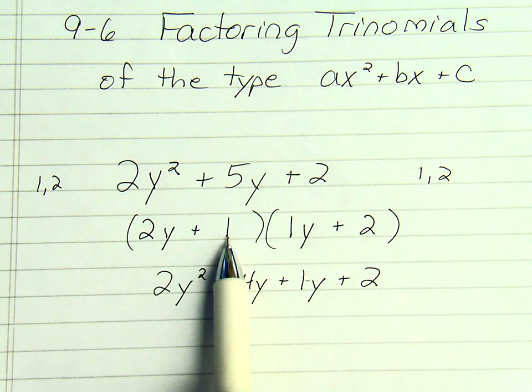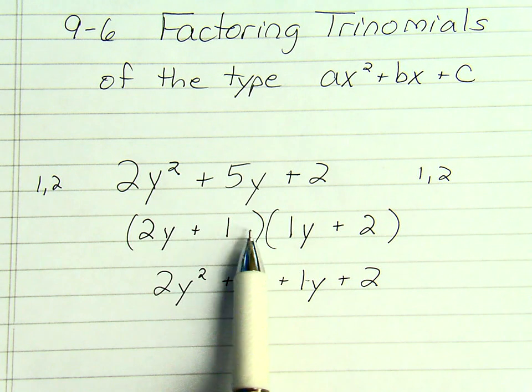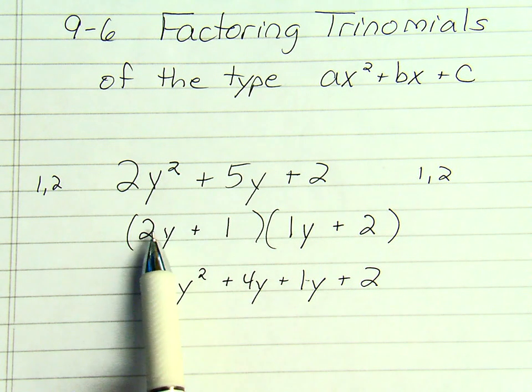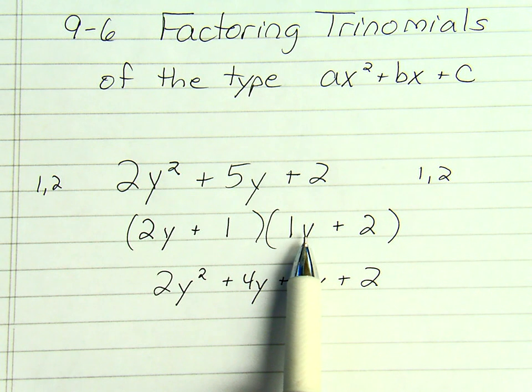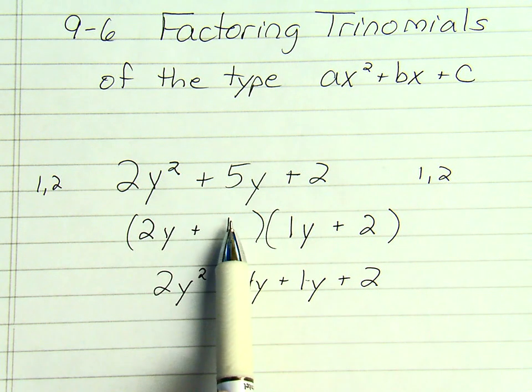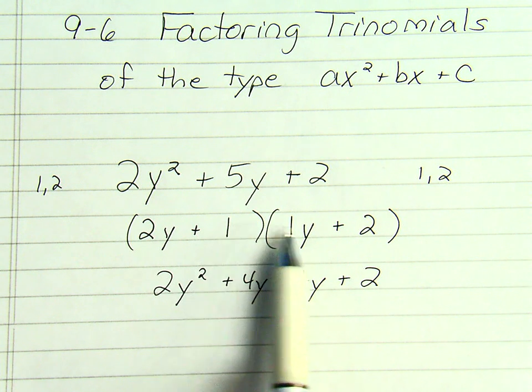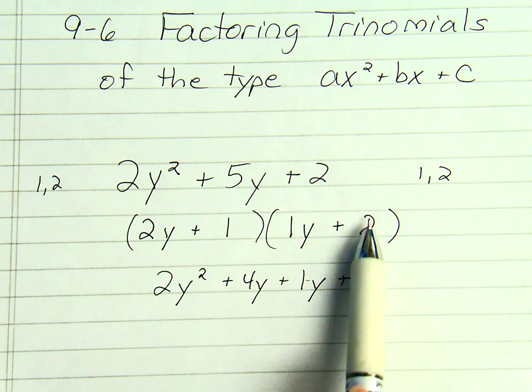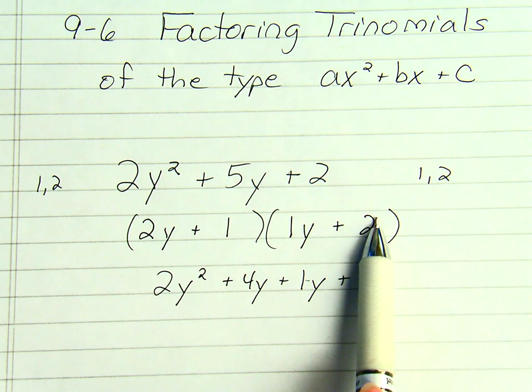Now, if I had put the 2 here, then I would have only ended up with a total of 4 y's. Outside, this would have been 2 times 1, that would have been 2 y's.